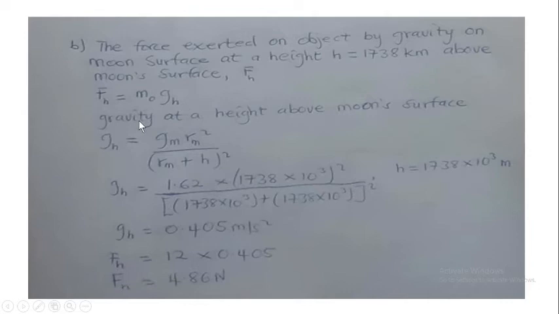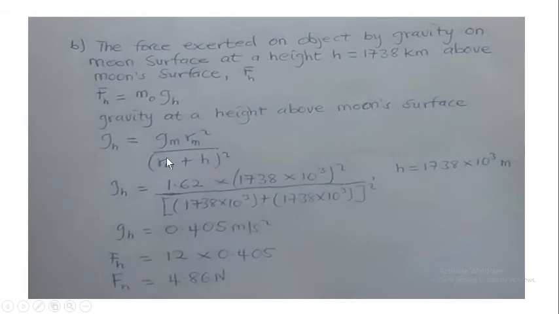And then the gravity at that height above the Moon's surface is expressed as gh equals the gravity on the Moon's surface times the radius of the Moon squared all over the radius of the Moon plus the elevation of the object above the Moon's surface all squared.